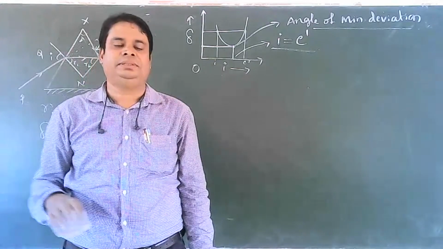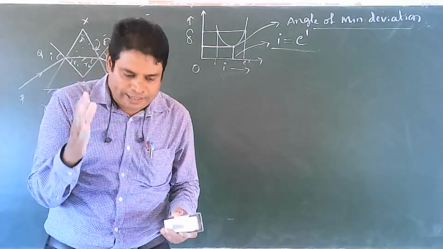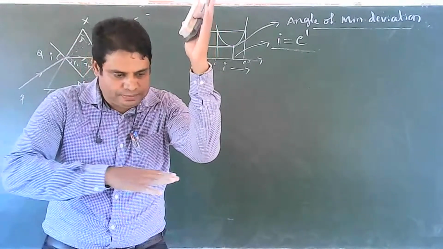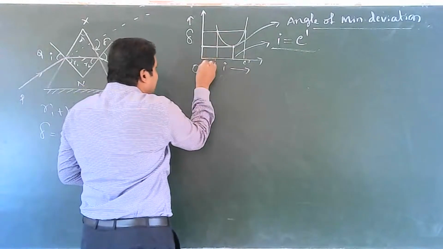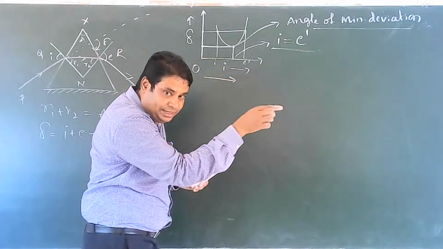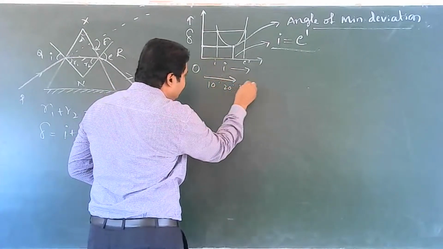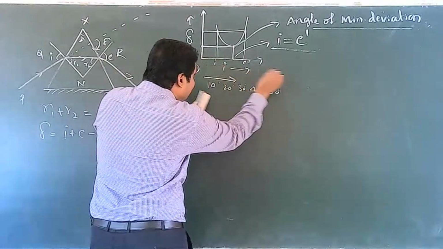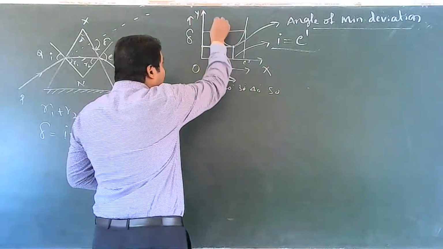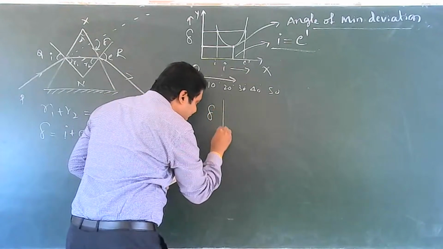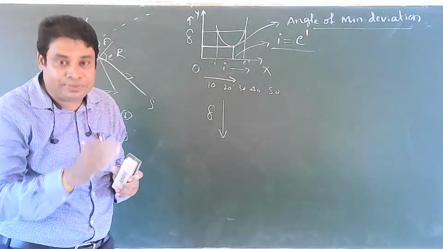What is angle of minimum deviation? Initially, if you plot a graph of angle of incidence versus angle of deviation, we observe that as angle of incidence increases gradually, 10 degree, 20 degree, 30 degree, 40 degree, 50 degree along the x-axis, angle of deviation decreases gradually.